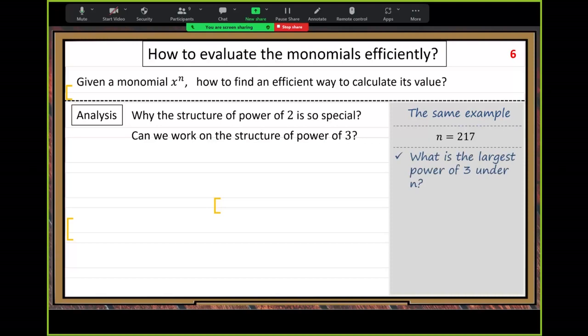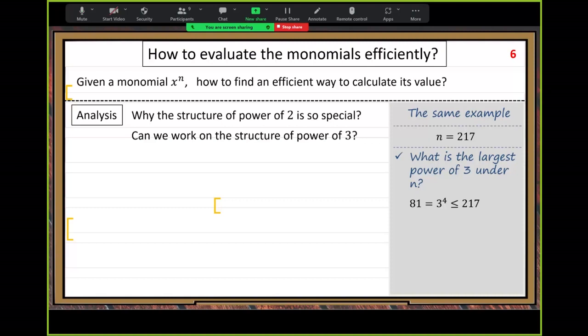What is the largest power of 3 under this number? 81, 3 to the 4th. Because if you calculate 3 to the 5th, it would be greater than 217.